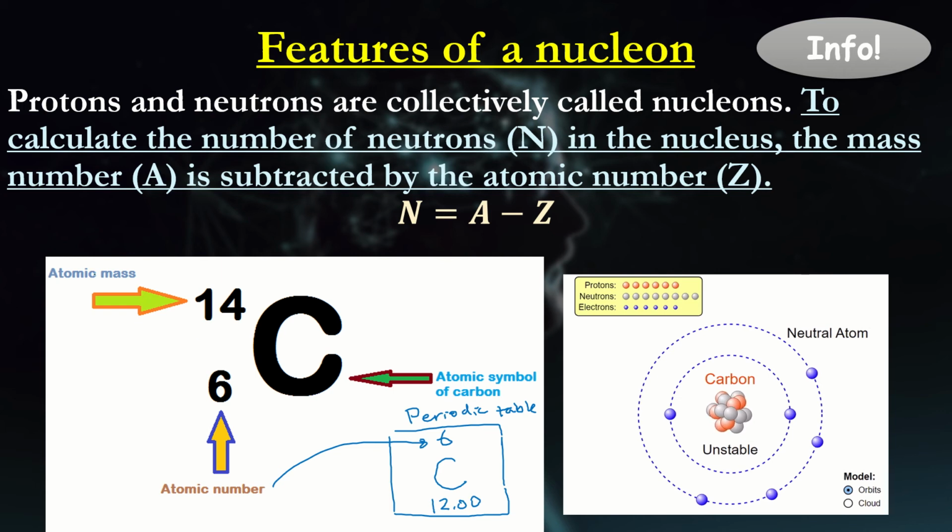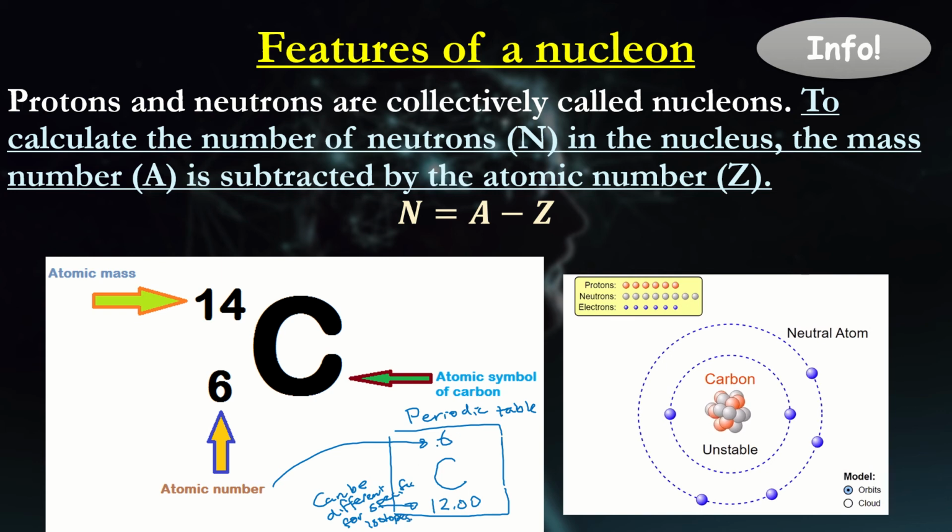In this case, we don't really need to worry about the atomic mass, the weight number, being equal, because we are talking about isotopes. This number can be different for specific isotopes.